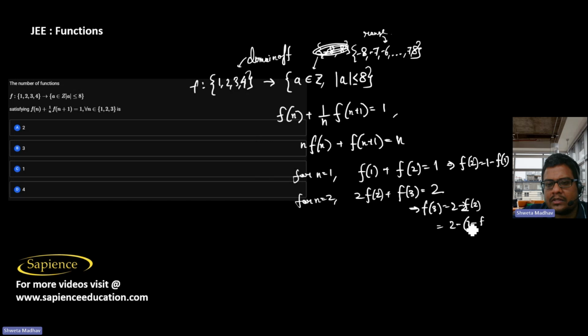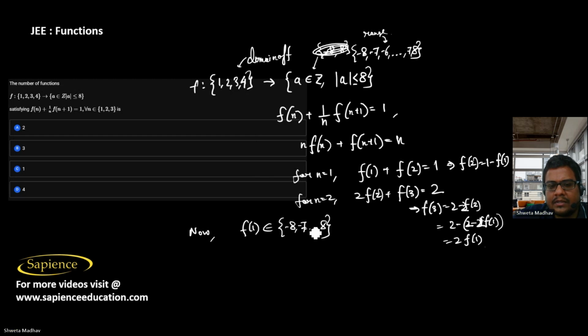So that will be 2 minus 2 into 1 minus f of 1, so this will be 2 into f of 1. So now f of 1, as we know, will go from -8 to 8. F of 1 belongs to -8 to 8, only integers we should take.